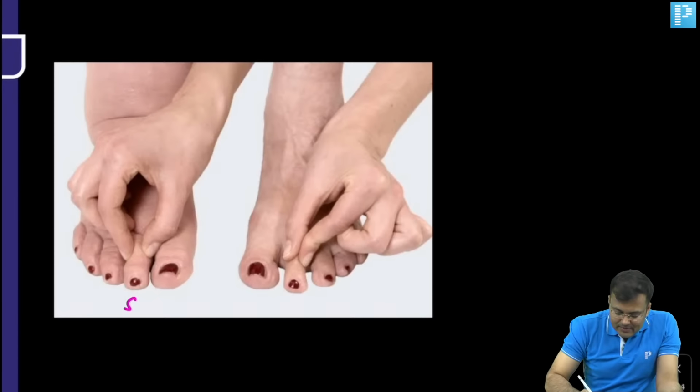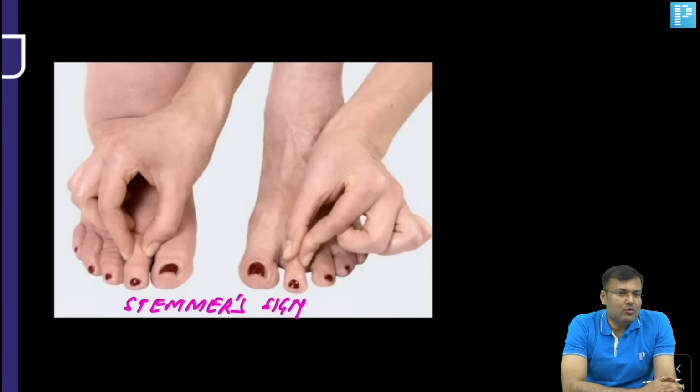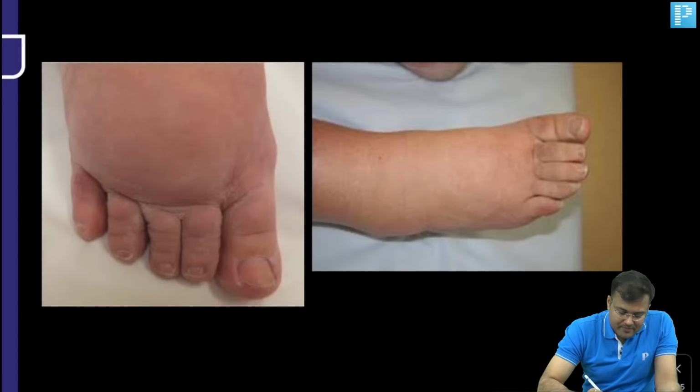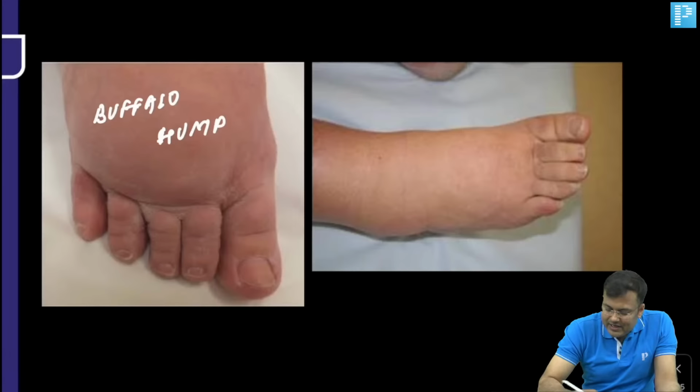This is known as Stemmer sign. The skin overlying the toes cannot be pinched. That is known as Stemmer sign. And the swelling is known as buffalo hump. And here, can you see square-shaped toes?